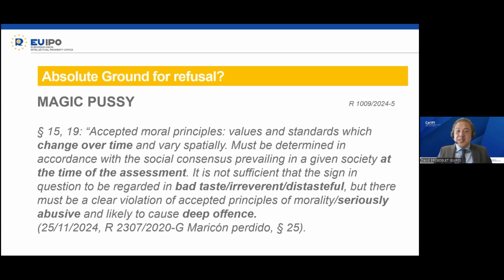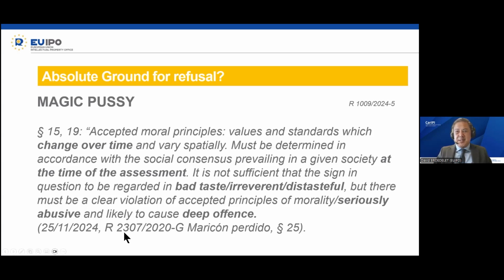You could argue that one, but bad taste is not a reason to refuse a trademark. There has to be a clear violation of the accepted principles of morality, and there has to be a serious abuse to a certain group, which is likely to cause deep offense.